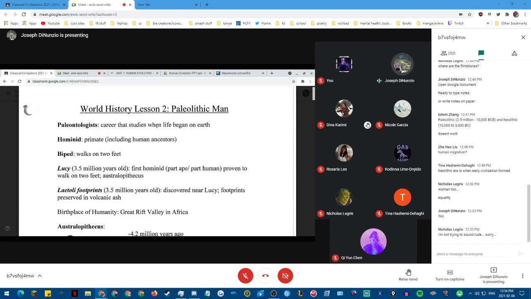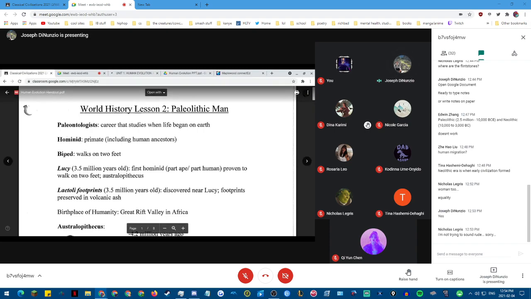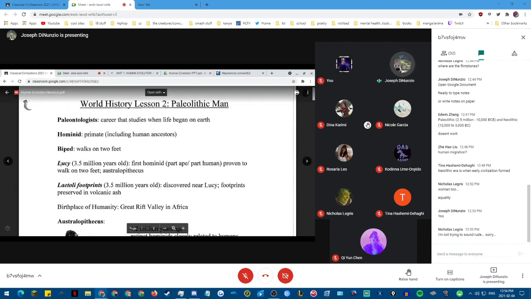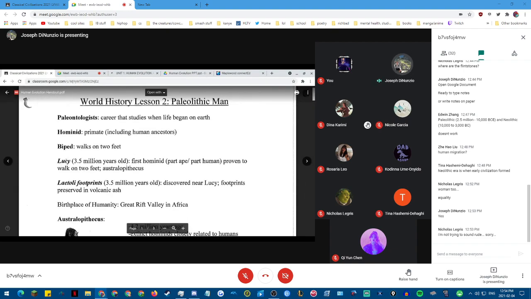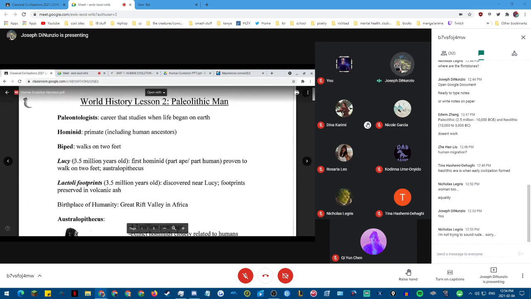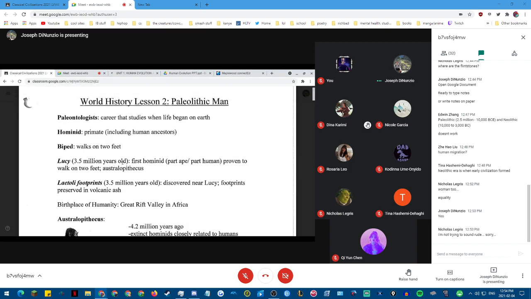A career that studies when life began on Earth. A hominid, a biped, again, we learned about that. And now let's focus on one Australopithecus called Lucy. Lucy was the first hominid, part ape, part human, proven to walk on 2 feet, roughly 3.5 million years ago.